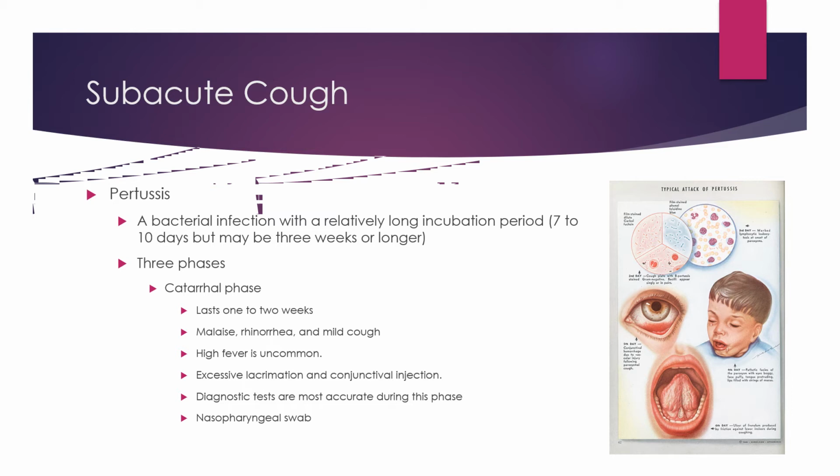The catarrhal phase lasts 1 to 2 weeks. The patients are going to present with malaise, rhinorrhea, and mild cough. Fever is uncommon, but they could have a low-grade fever. They are going to present with excessive lacrimation and conjunctival injection.